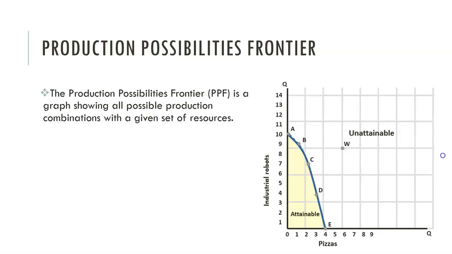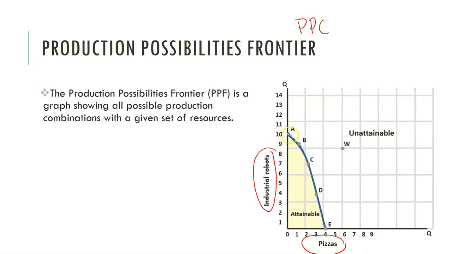Okay, so here's our production possibility frontier, also called the production possibility curve. So PPF or PPC. This is showing all possible production combinations with a given set of resources. So in this example, in this economy, they only produce industrial robots or pizzas or some combination in between.